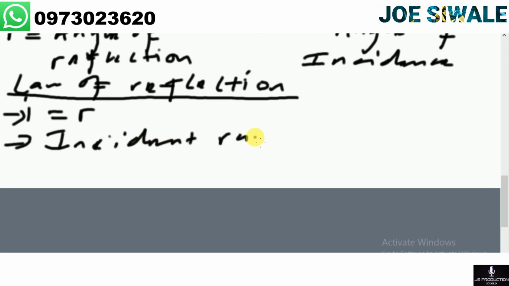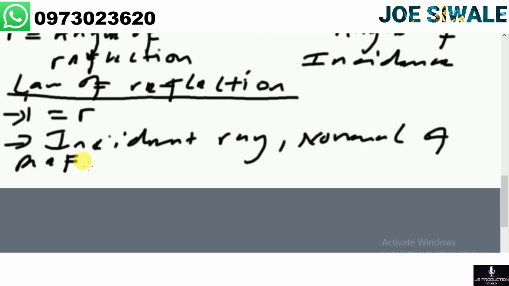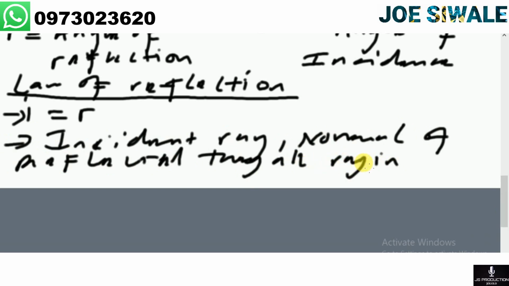So here you can say the incident ray, the normal, and the refracted ray all lie in the same plane.